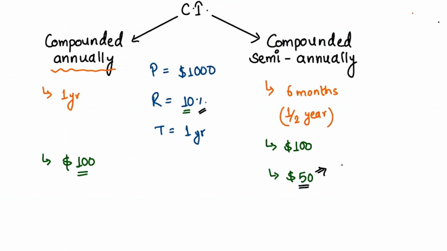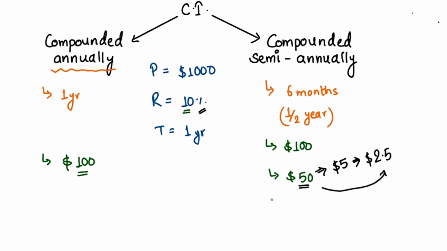So, 10% on $50 is going to be $5. But it's not 1 year that you're putting this money in your bank, right? It's just 6 months. So the bank is only going to pay you half of $5, which is going to be $2.5, right? So you're getting $2.5 extra interest on this $50 that you earned at the end of 6 months.